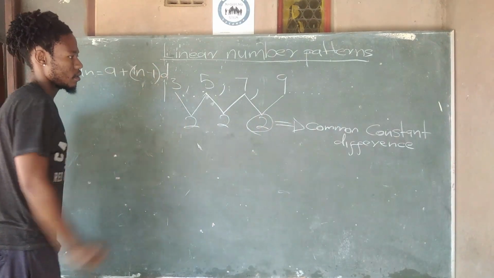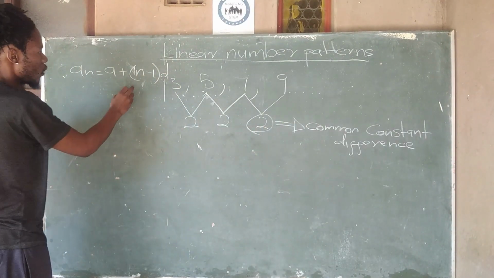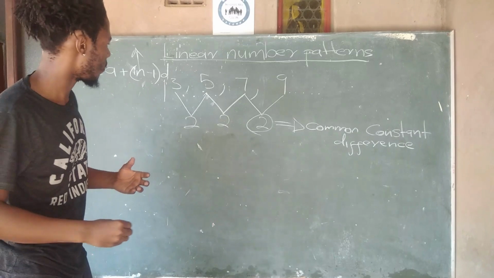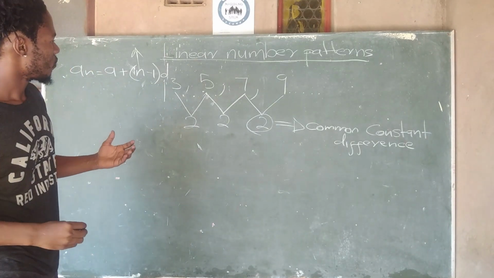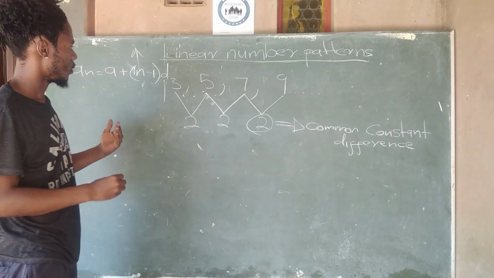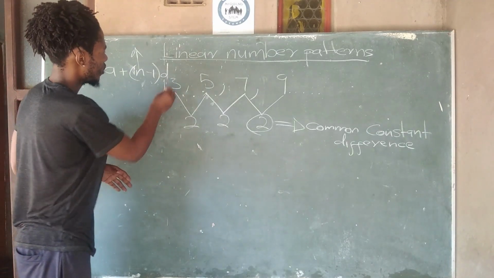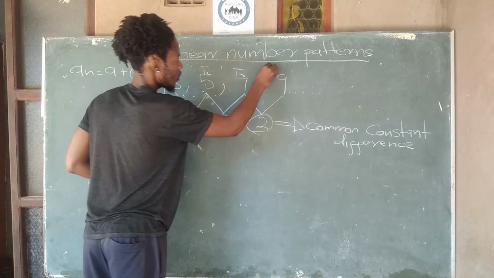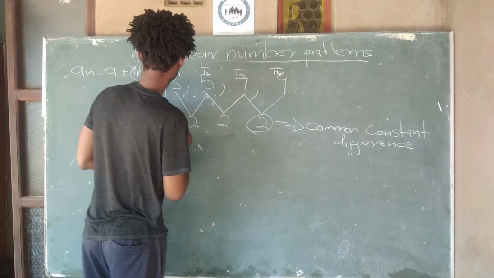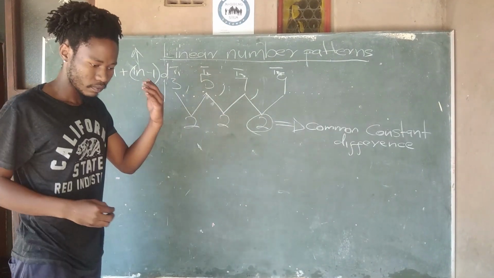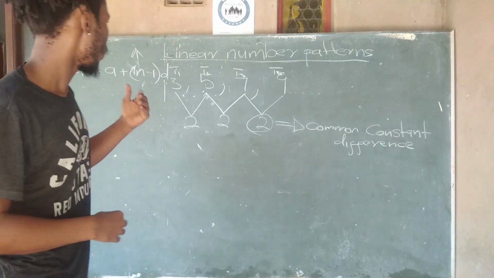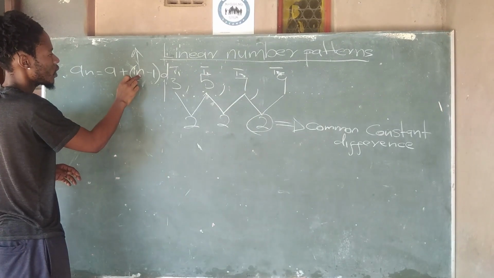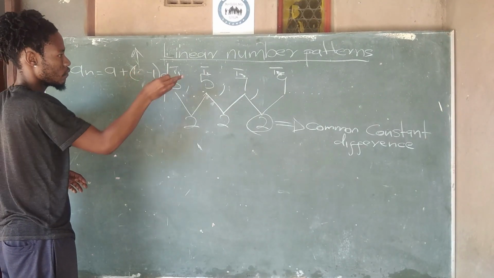D stands for common difference, and n is the number of the term. N stands for your term number. This is term 1, T1, T2, T3, T4. So n stands for the term that you're looking for. If I'm looking for term 5, then I will put 5 here.